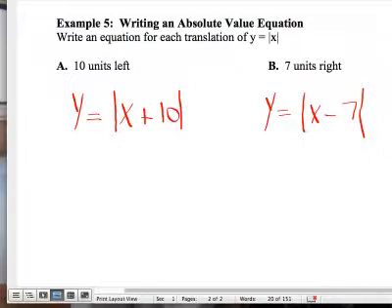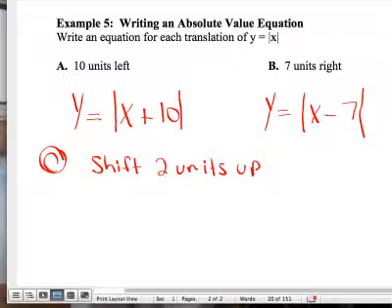We're not done yet. We're going to have an example C that you don't see on your paper yet. You're going to have a letter C. I want you to write an equation for a shift that goes 2 units up and 10 units left.